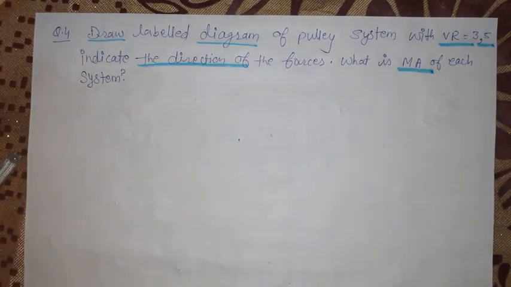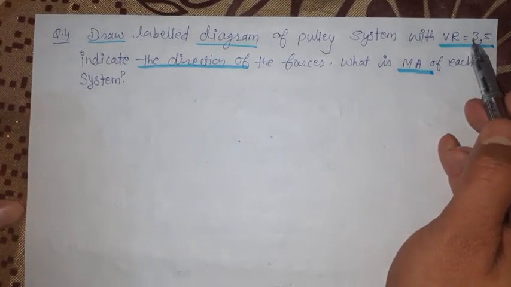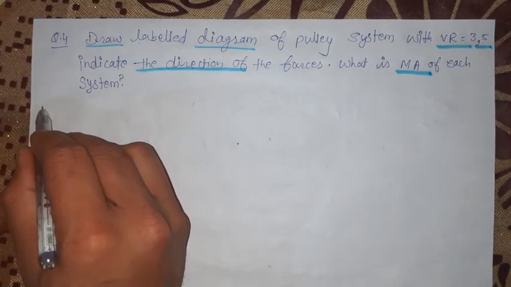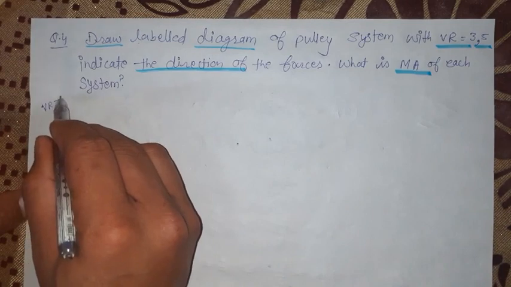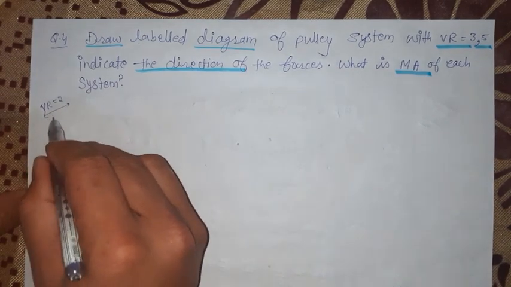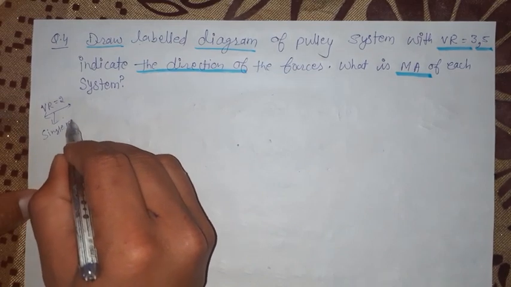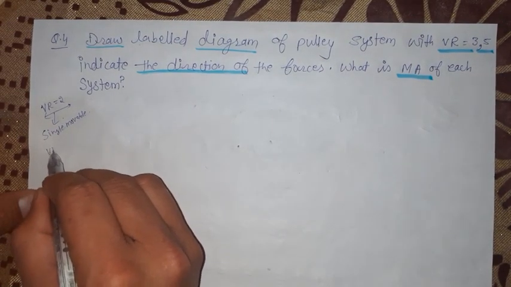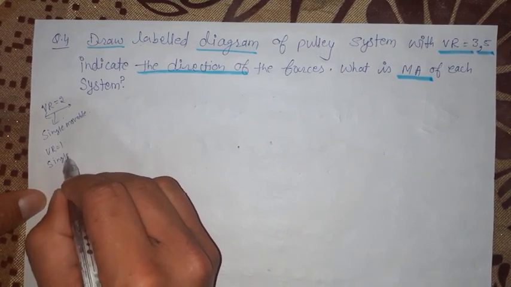Okay, so first the thing we must share over here is that it is the case of a block and tackle system. How is this a block and tackle system? Remember that the velocity ratio is 2 for a single movable pulley, and the velocity ratio is 1 for a single fixed pulley.